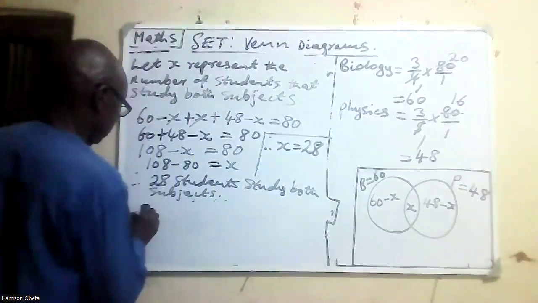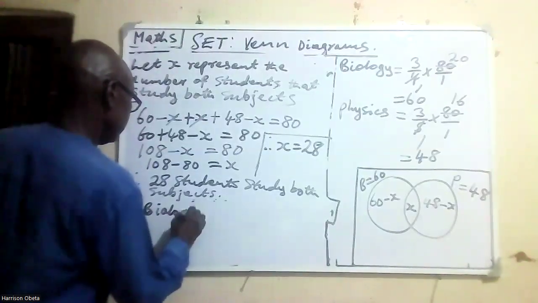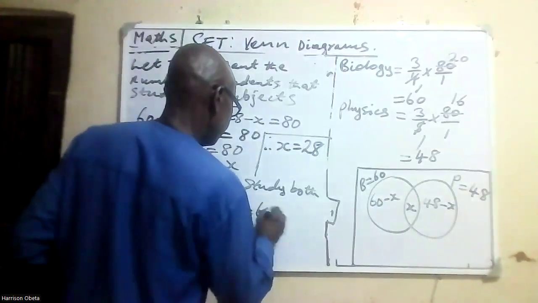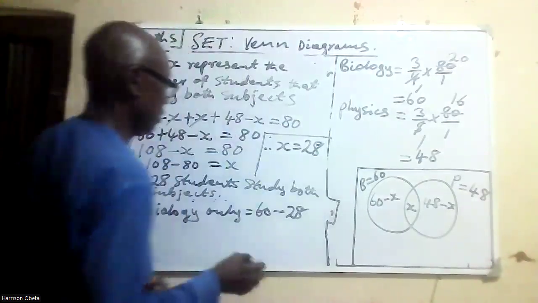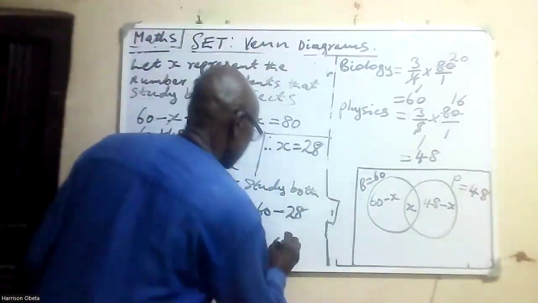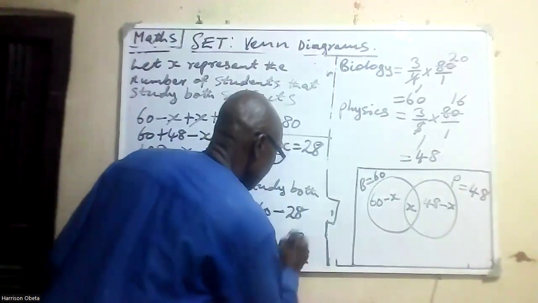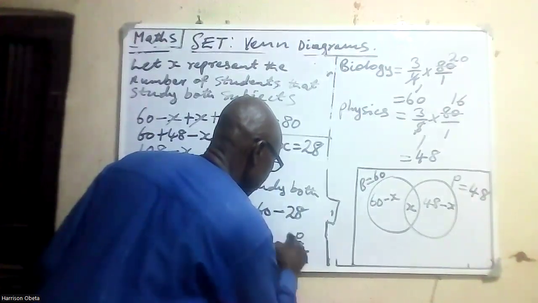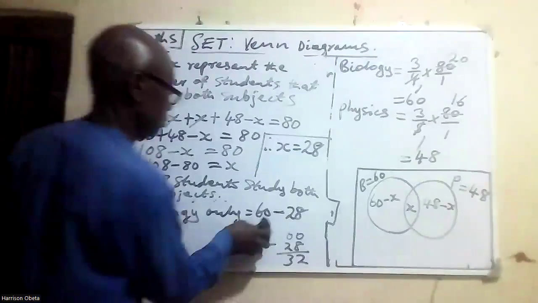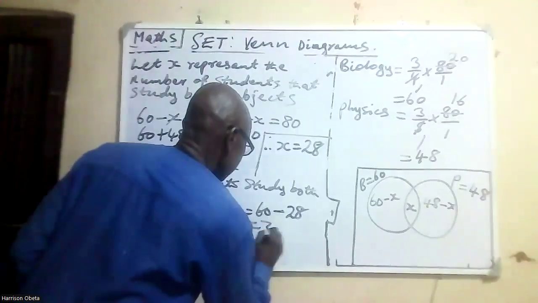So that means we are talking of biology only, which should be equal to 60 minus 28. Let's just try it: 60 minus 28 is 32.